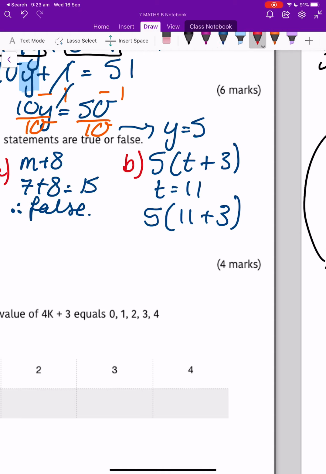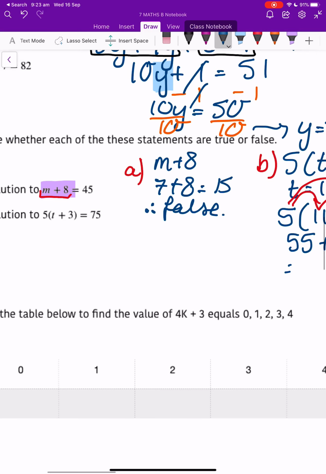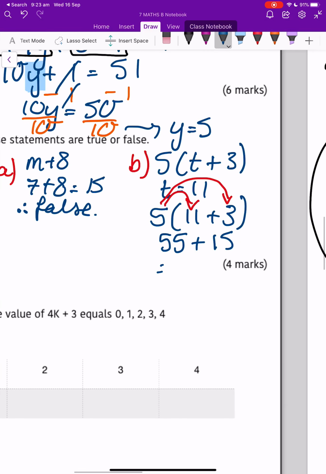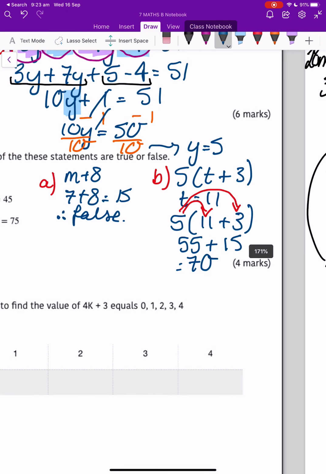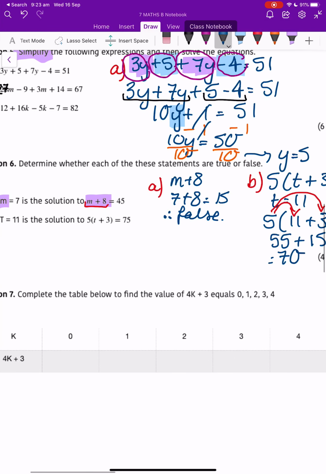We use the distributive law, okay, to expand our brackets. 5 multiplied by 11 is 55, plus 5 multiplied by 3 is 15. Okay. I can already see that is, oh, it says 75, okay. So then we have 55 plus 15, just 70, okay. And so that statement is false.